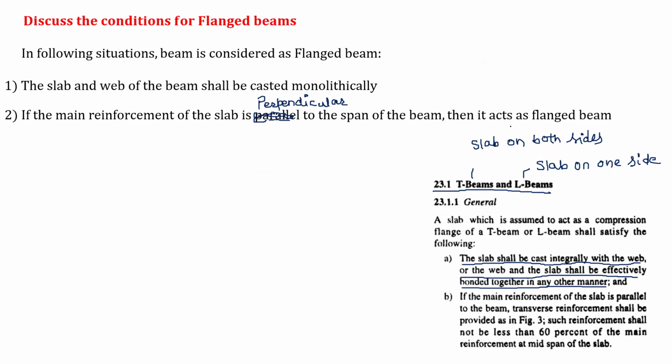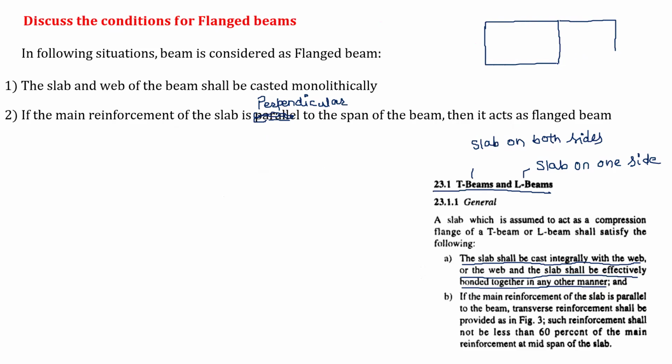We need not worry about it. If my main reinforcement of slab is perpendicular to the span of the beam, then if I draw this, we have this as my one-way slab.